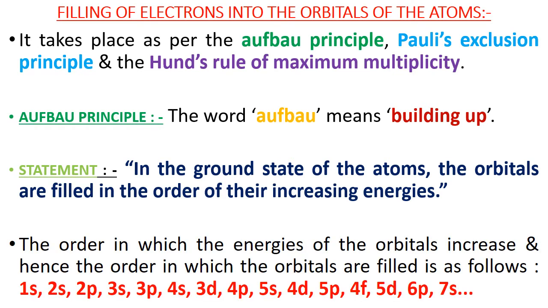The order in which the energies of the orbitals increase, and hence the order in which the orbitals are filled, is as follows: 1s, 2s, 2p, 3s, 3p, 4s, 3d, 4p, 5s, 4d, 5p, 4f, 5d, 6p, 7s, and so on.